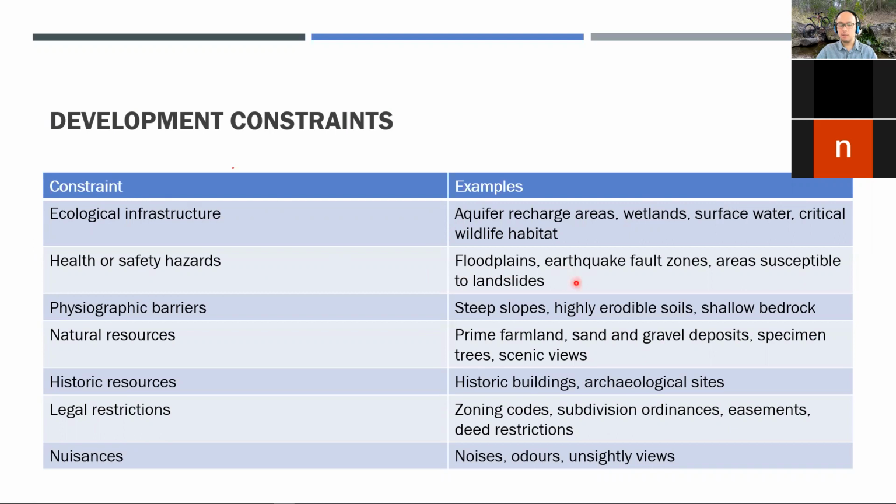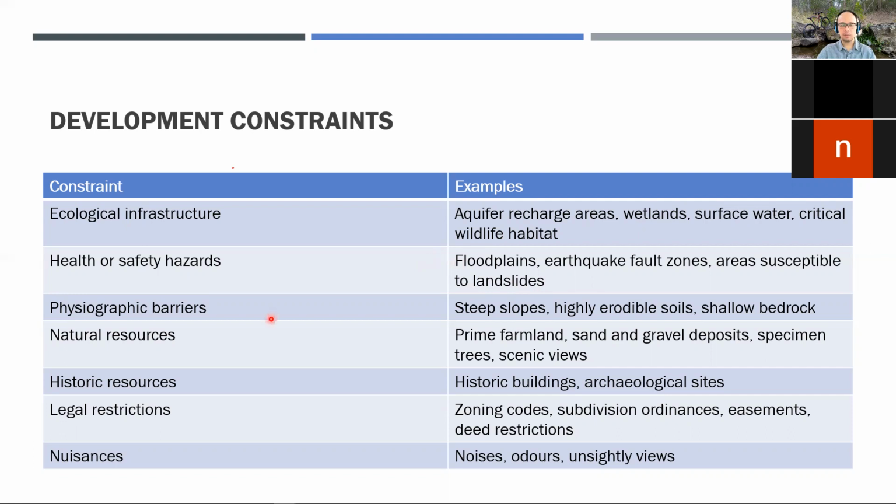Your site may be situated on or near an earthquake fault zone. If it is, then I would suggest to leave it alone and go find a different site. And there are other areas susceptible to landslides, maybe because of very steep topographical features.